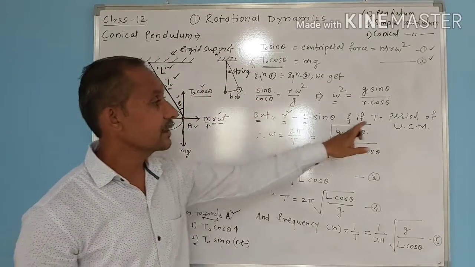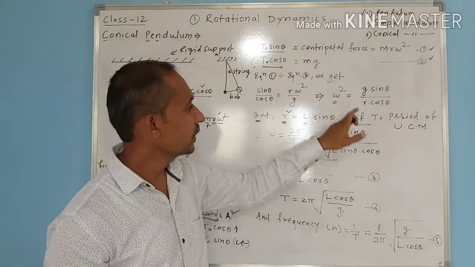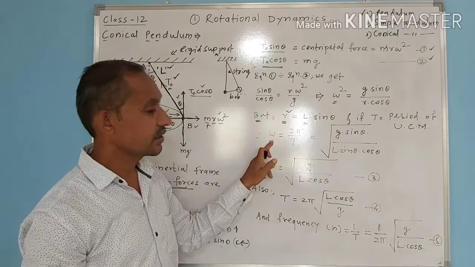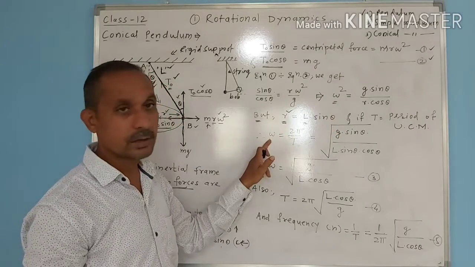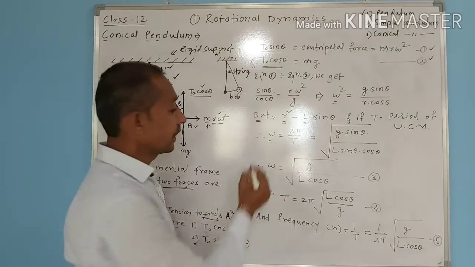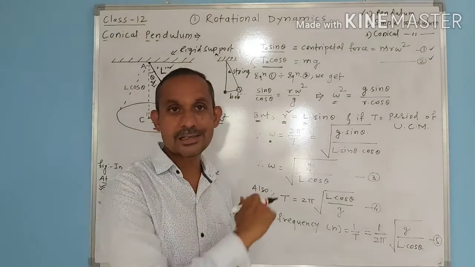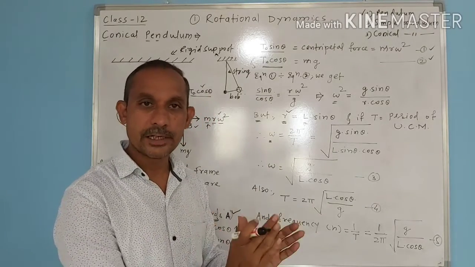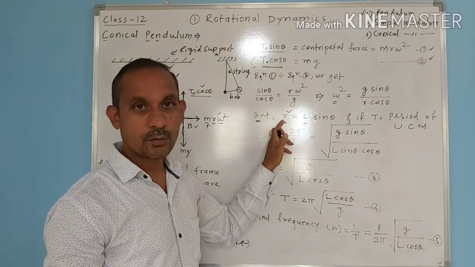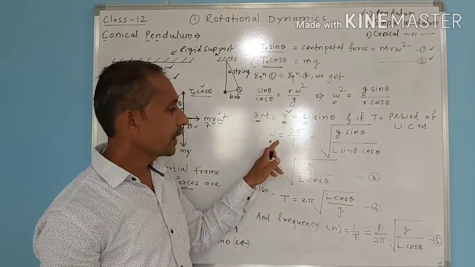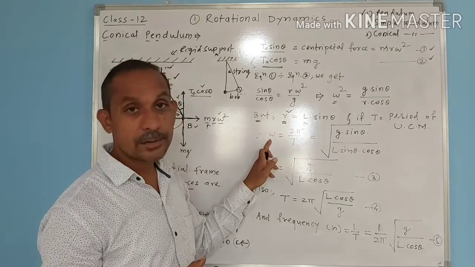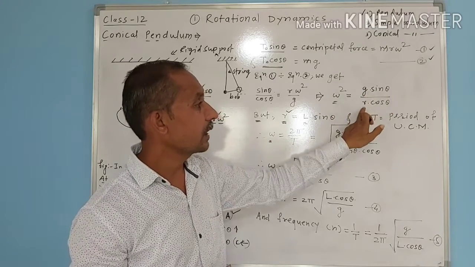Considering these two pieces of information, we can write the equation for omega. We can reduce this equation in this form. Taking the square root, omega is equal to, but remember this equation for the angular speed: omega is twice pi upon T. But we know omega squared is g sin theta upon r cos theta.